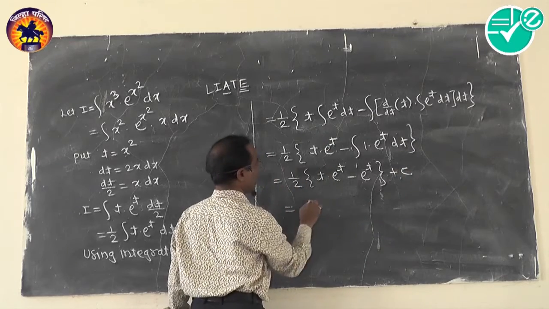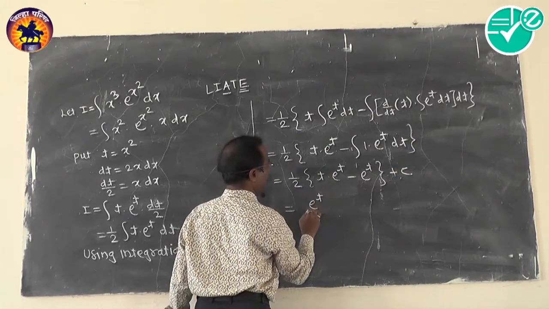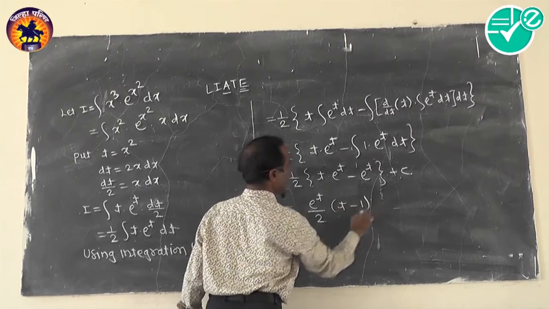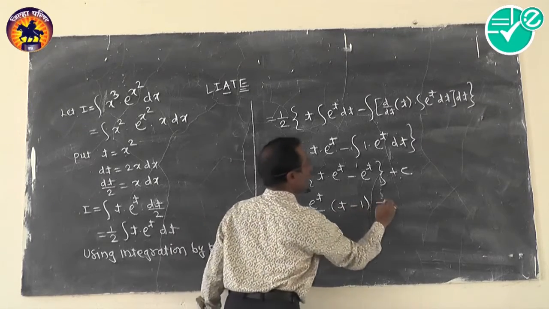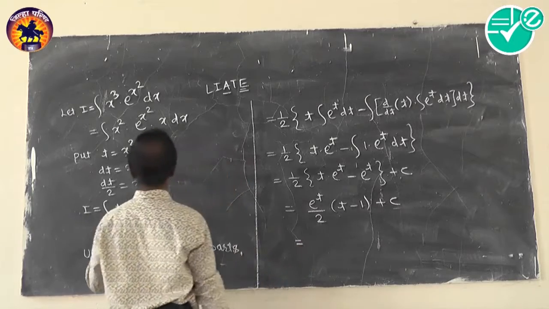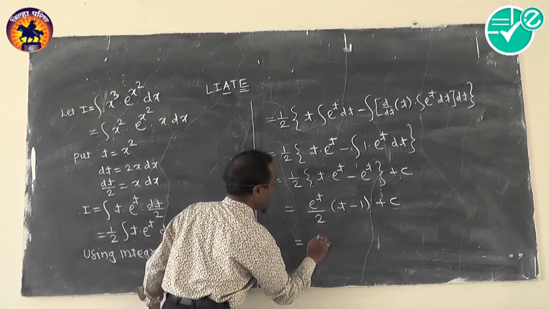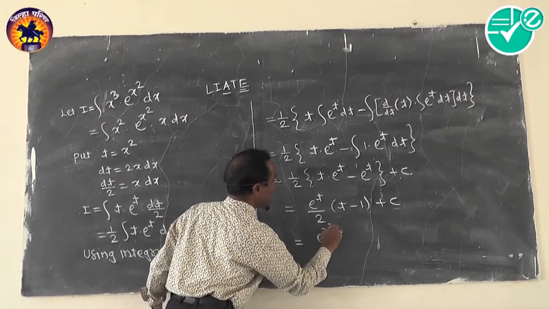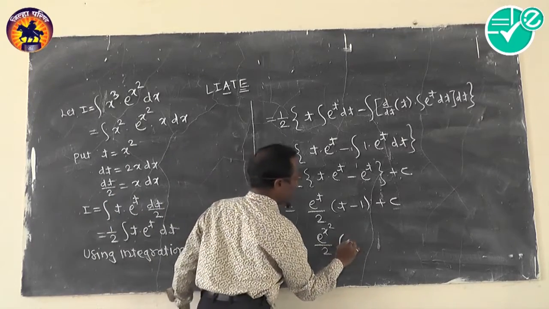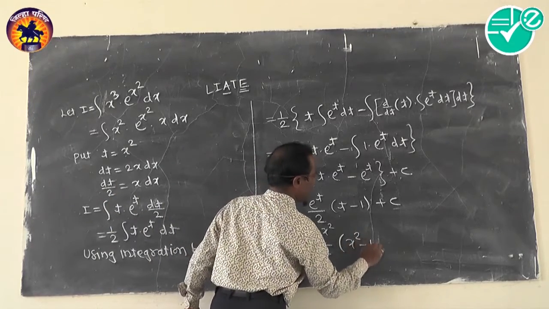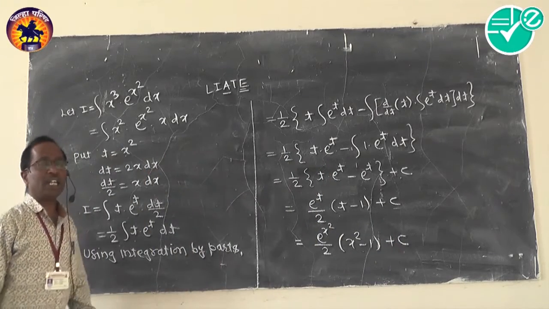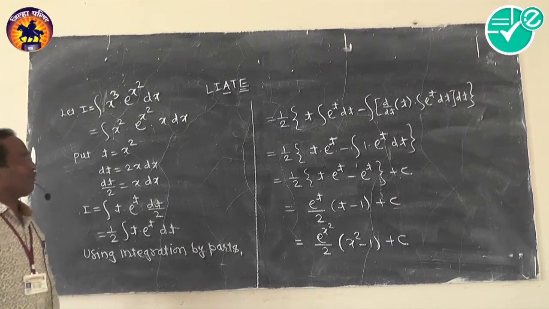We get e to the power t upon 2 into t minus 1 plus c. So substitute the value of e to the power t. T is x square. E to the power x square upon 2 into x square minus 1 plus c. So this is the integration of this function.